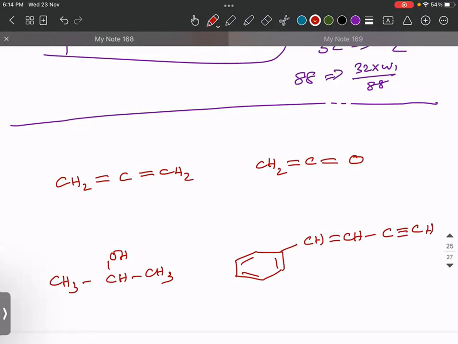So first, you have to identify the hybridization state of each carbon. What is the hybridization of this carbon? It becomes sp2. What about this? And this?